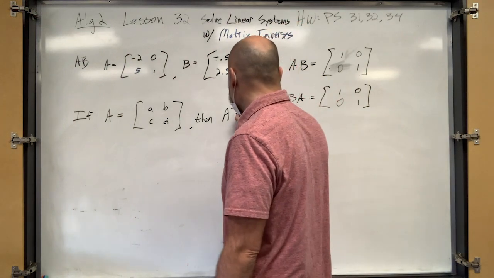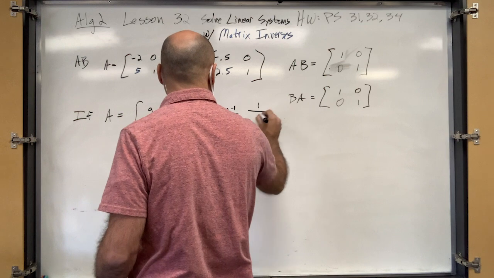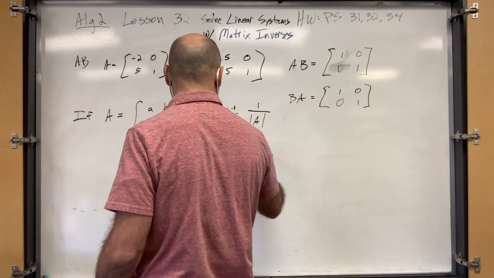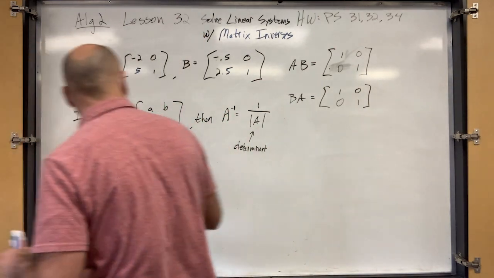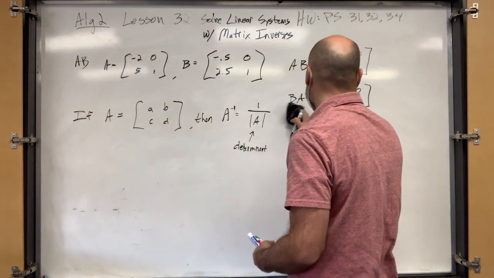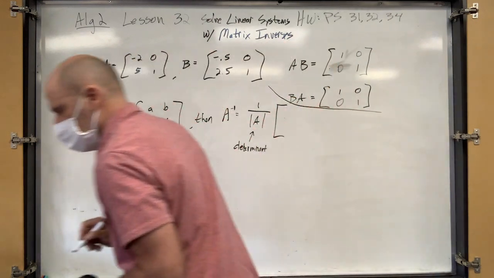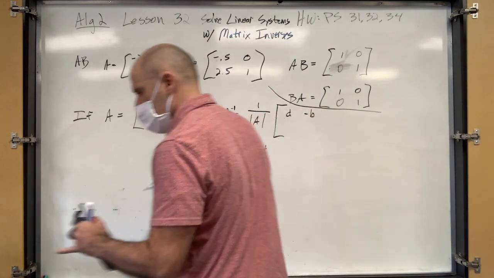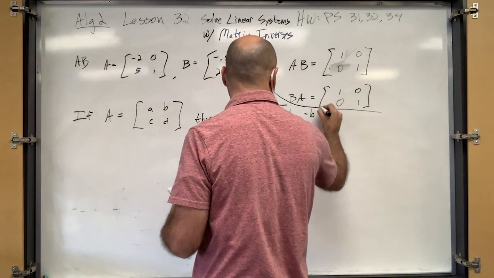So A to the -1 equals, and here's the annoying part, 1 over the determinant of A times this matrix. Oh, wow. D, -B, -C, and A.